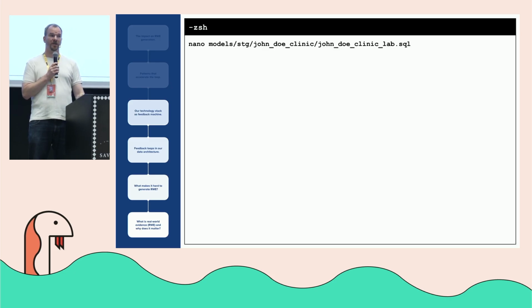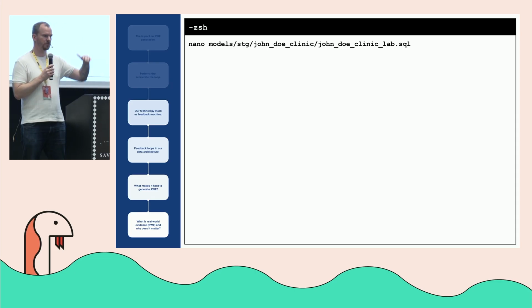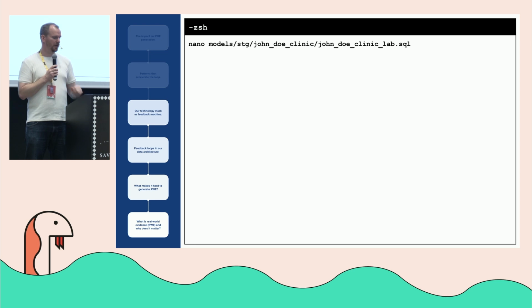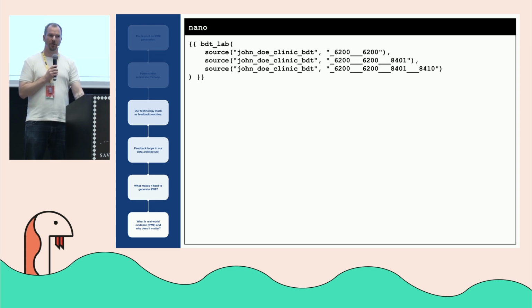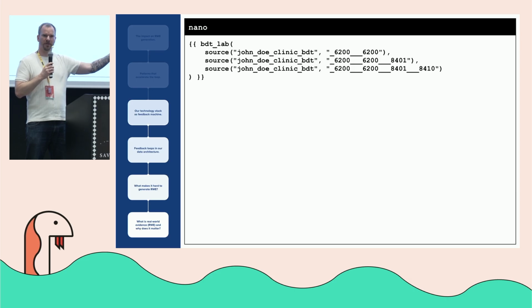Okay. With that in place, we can start writing dbt code. For example, for the lab table, which contains laboratory tests, we heavily use macros. That's a feature of dbt that I mentioned, that you can basically write reusable SQL snippets. In that case, as I mentioned, this BDT is a standard which is implemented by some hospitals.